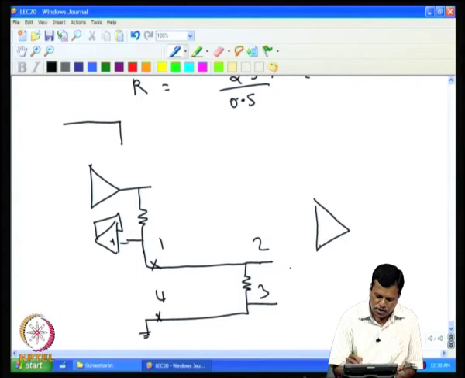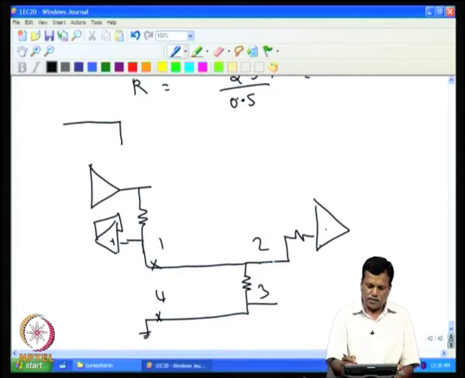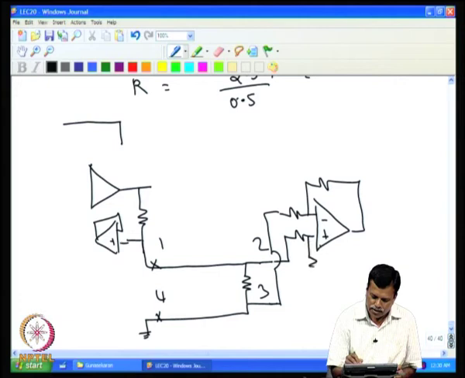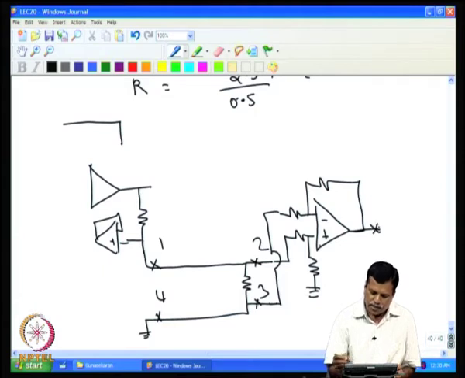So, this is at higher potential, this is at lower potential. So, one can do this, or even one can have a difference amplifier first. So, one can have this, and then if this is grounded, the difference between these 2 points will appear across this.